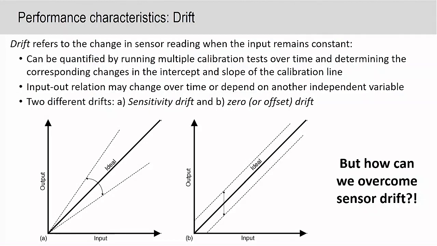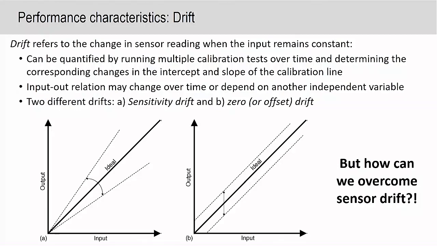It can be quantified by running multiple calibration tests over time and determining the corresponding changes in the intercept and the slope of the calibration line. So this input-output relationship may change over time, but it may also be dependent on other variables. It's not just necessarily time that can influence drift. It could be, for instance, something growing into the sensor or environmental changes and things like that.